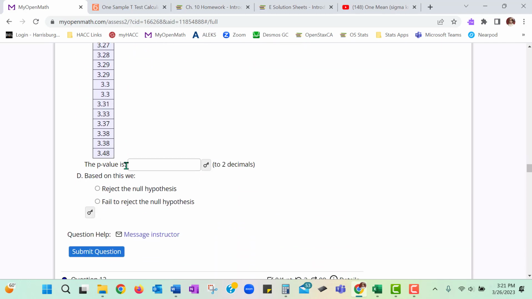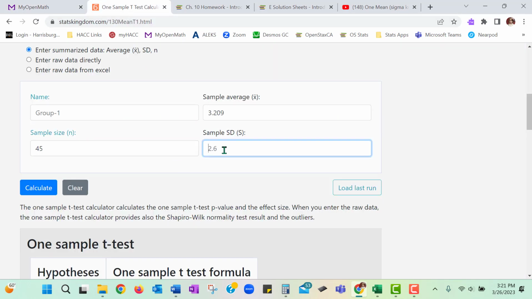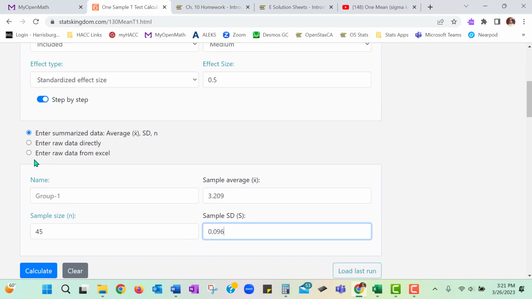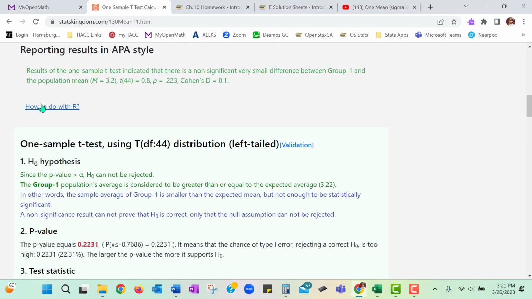Now they did give us the raw data, so we could have copied that data and put that in. I should go ahead and put this standard deviation in before I forget it. So if I put enter raw data directly, I could copy and then paste it in right there, and it would calculate this stuff. So calculate.